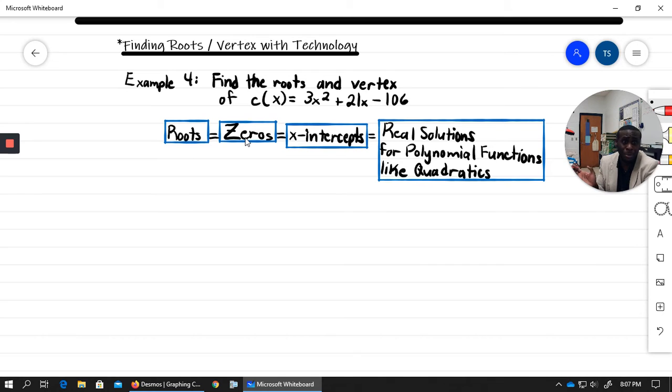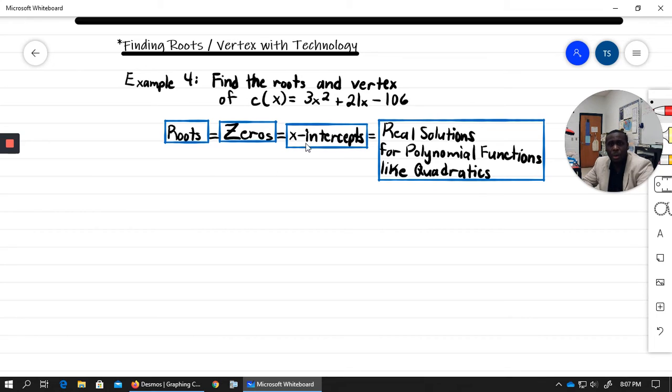Some particular problems may ask you to find zeros, but when you're asked to find the roots, we're asking you to find the x-intercepts. If you're asked to find the real solutions of quadratics, all of these terms, roots, zeros, x-intercepts, real solutions, are interchangeable.